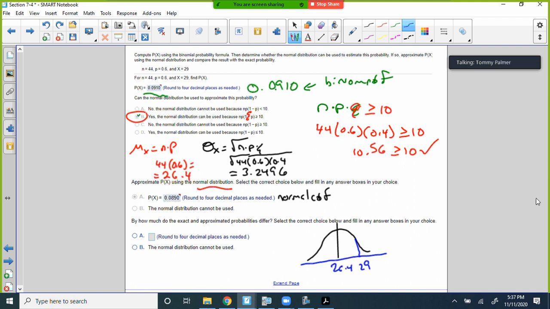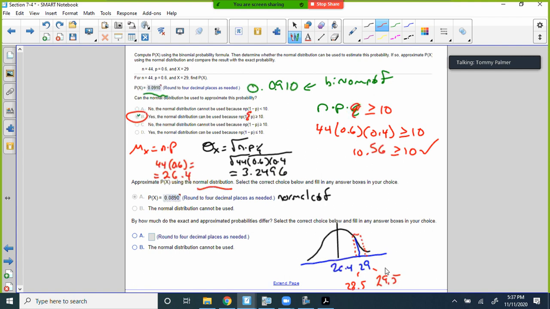This is the curve, and for a binomial probability, we're really looking at 28.5 up to 29.5. For one exact point, we go a half below and a half above it to make sure that we get the full box.